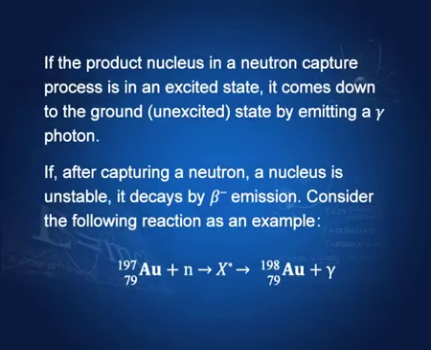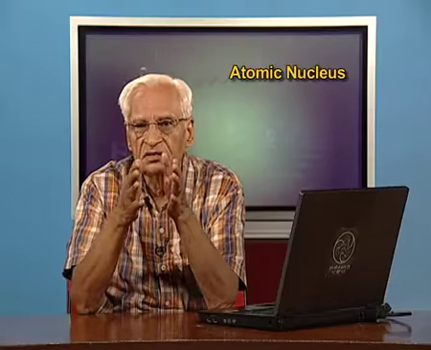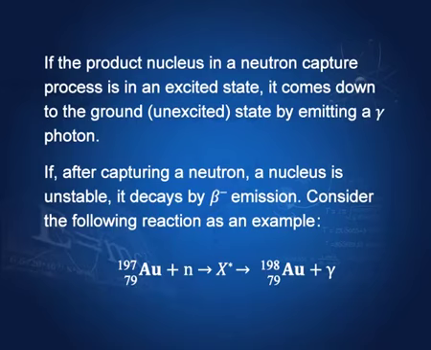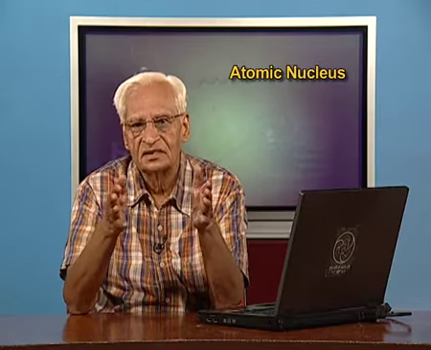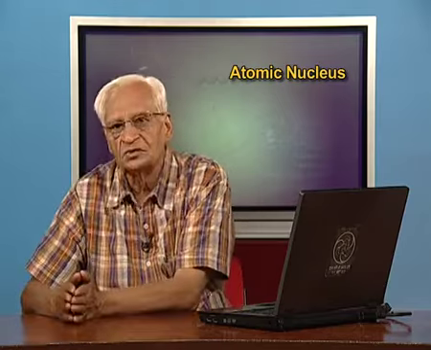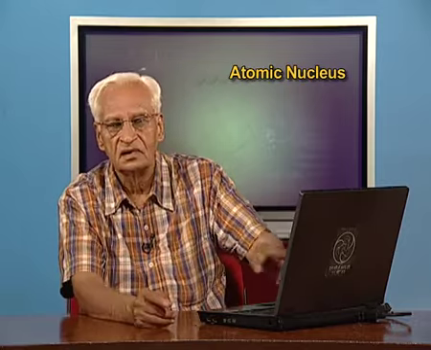If the product nucleus is from a neutron capture process, it is in an excited state. You see, most of the time when a neutron is captured, the product nucleus, or the daughter nucleus (this is known as the parent nucleus, this is known as the daughter nucleus), is usually left in an excited state, and then it comes back to the ground state by emitting a gamma particle.